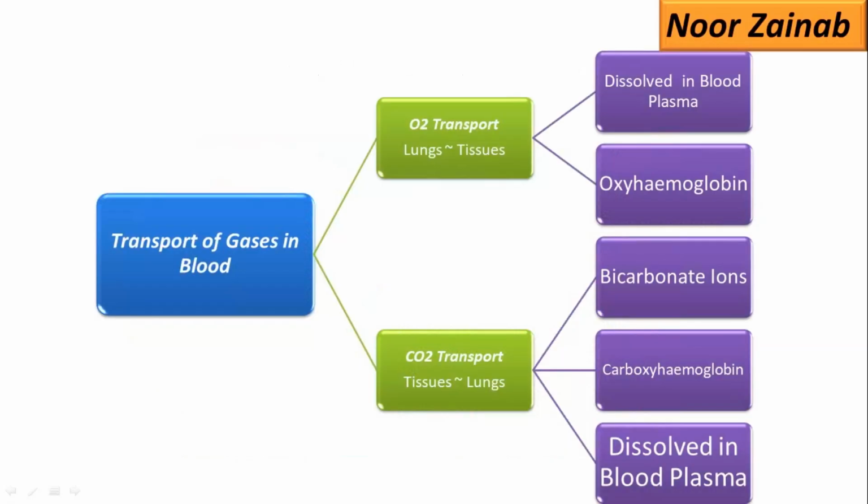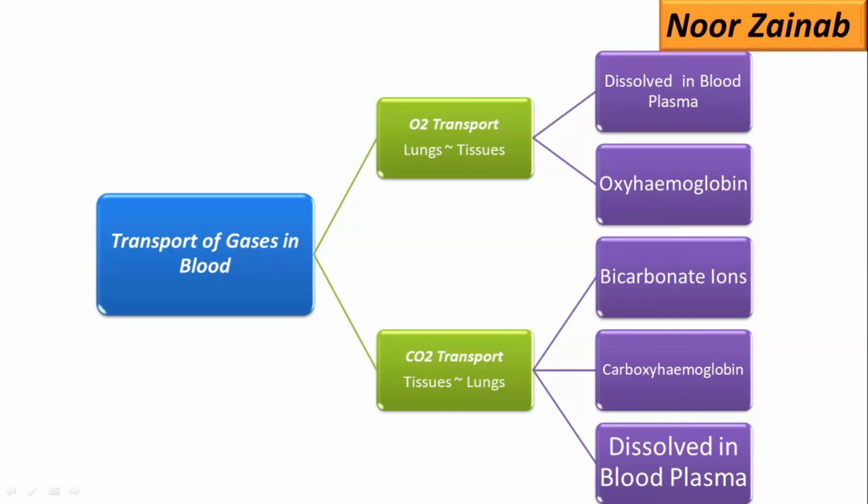So here is the entire summary of what we have discussed in this video. We have discussed the transport of gases by means of blood, the transport of oxygen, the transport of CO2. Oxygen is transported by means of blood from our lungs towards our tissues. It is transported to all of our body tissues. It can be transported as being dissolved in blood plasma, or oxygen can attach with hemoglobin to form oxyhemoglobin.